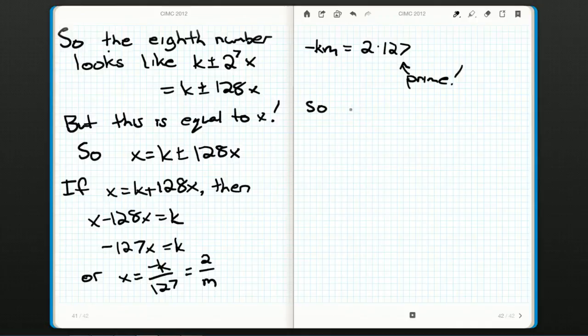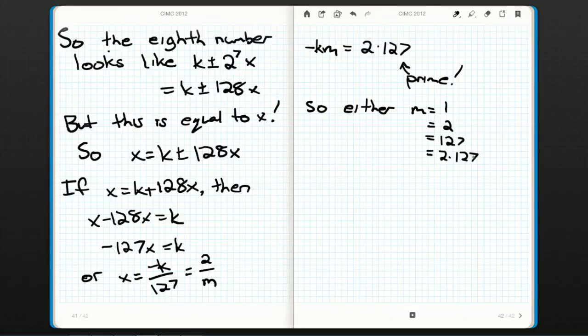So, knowing that it's prime, we can really only conclude that either m is going to be 1, 2, 127, or 2 times 127. Okay, whatever that number is.